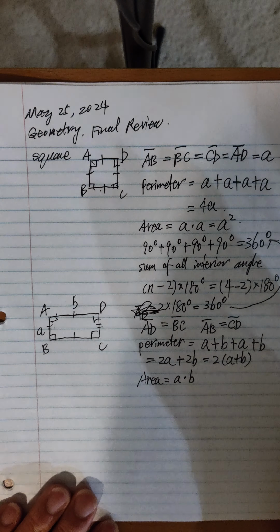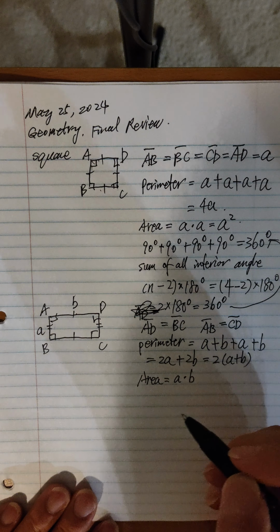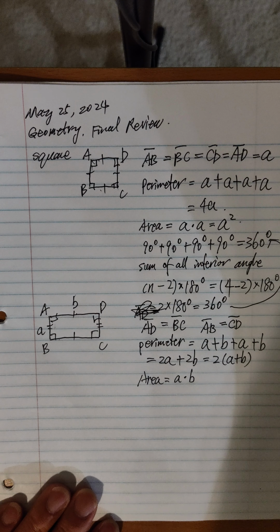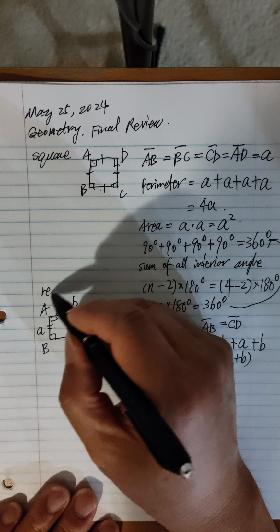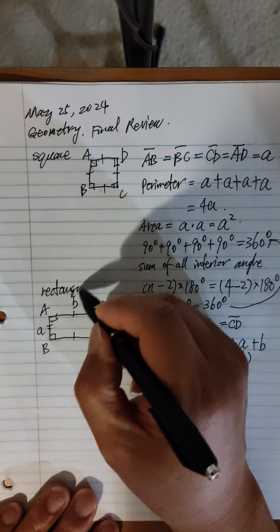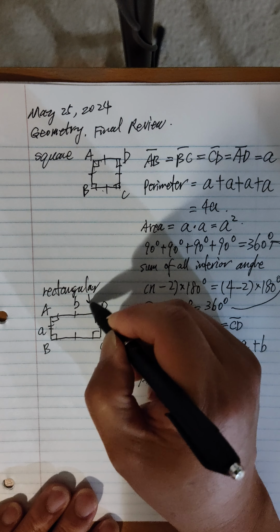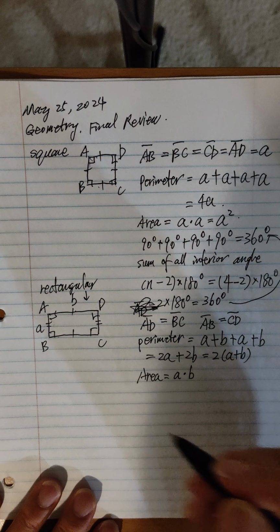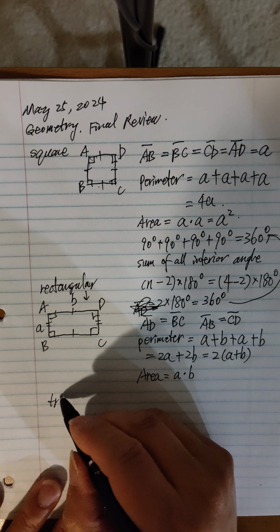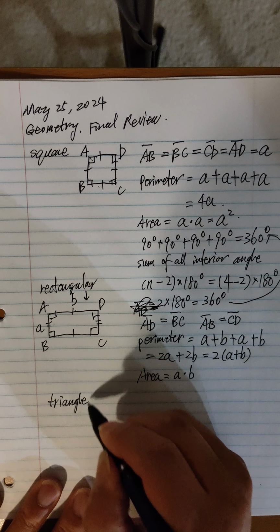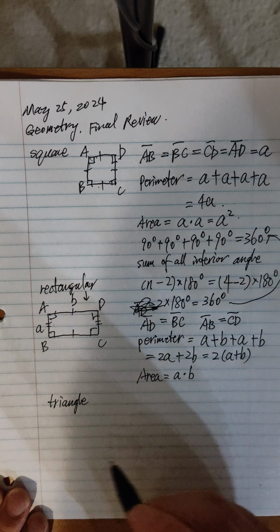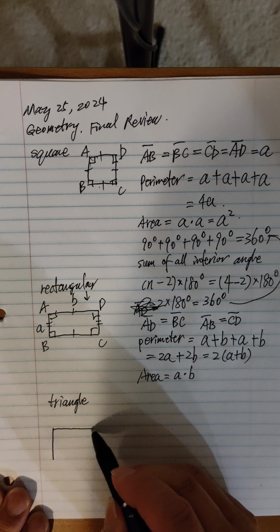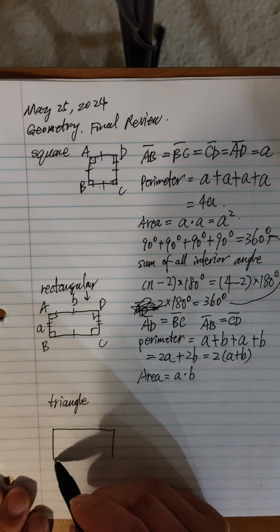Now the next thing I want to introduce is, oh, by the way, this is called, did I write down the rectangular? Rectangular. So the one we were just talking about is a rectangle, or rectangular. And then the third one is the triangle. Before we dive deeper into the triangle, let's redraw the rectangle that we just drew.